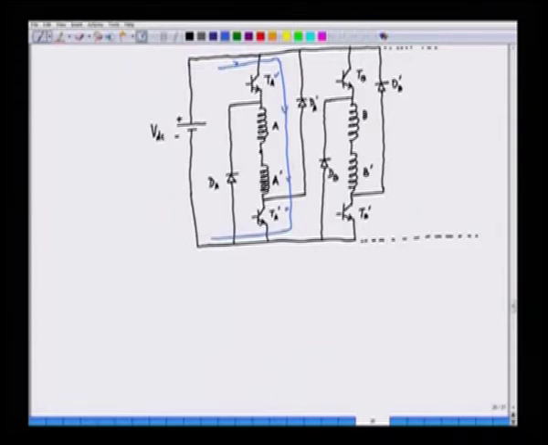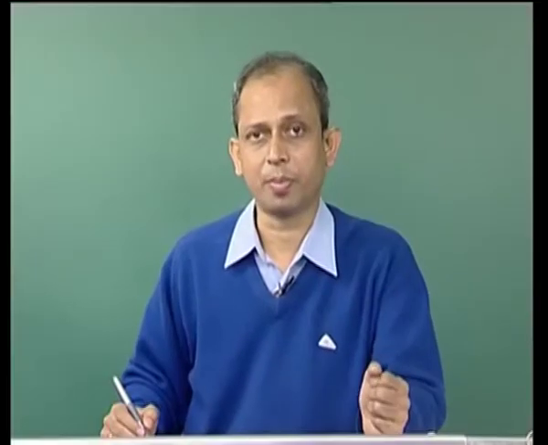And what is the voltage here? If we say that this is terminal 1 and 1 prime, we can say that V 1 1 prime is equal to plus VDC when TA and TA prime are on and DA and DA prime are off. Naturally, when the transistors are on, diodes will be off.